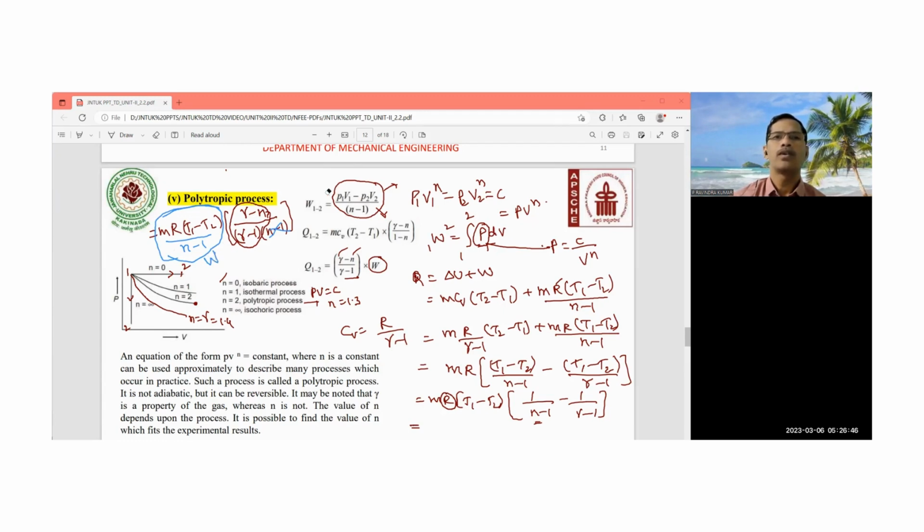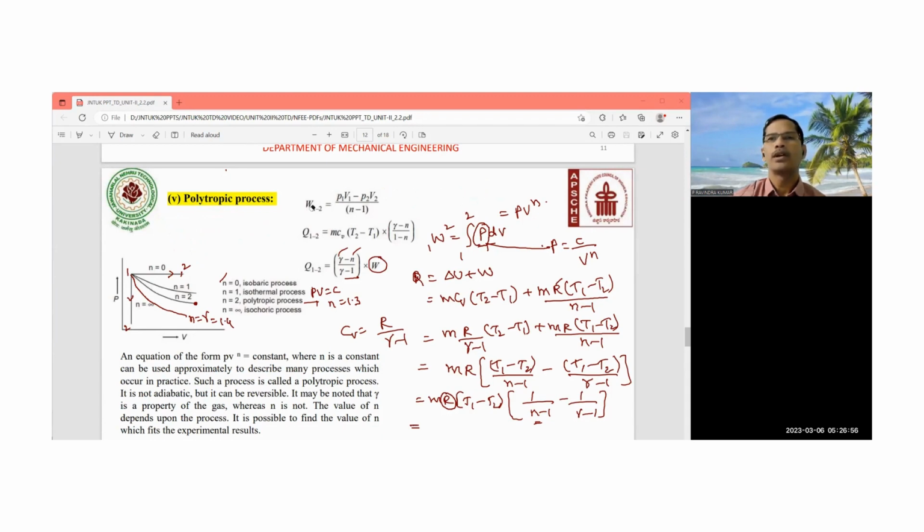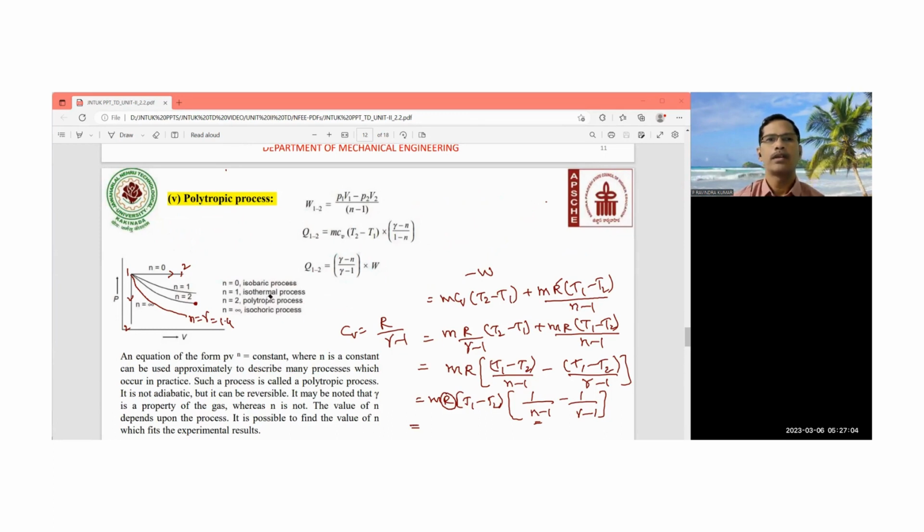So this is how you need to derive the expression for the polytropic process, that is work done in a polytropic process, and heat transfer in a polytropic process. So all these particular equations, so that we can get it. Heat transfer relations.